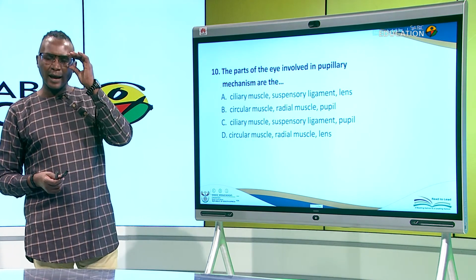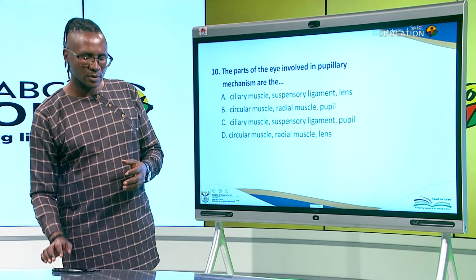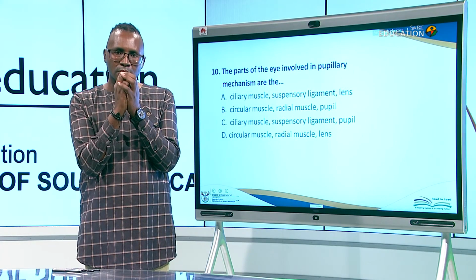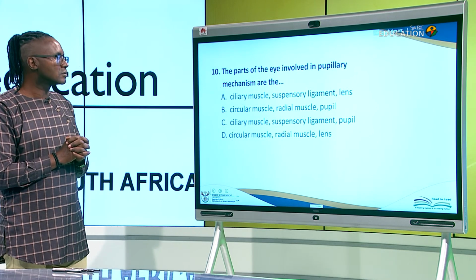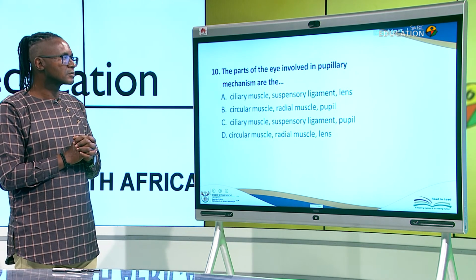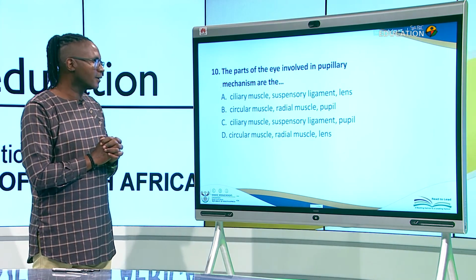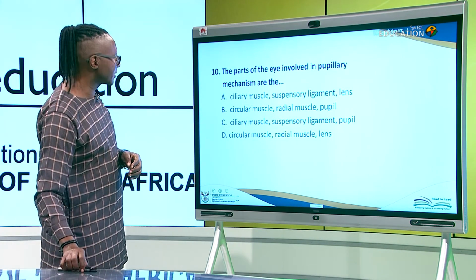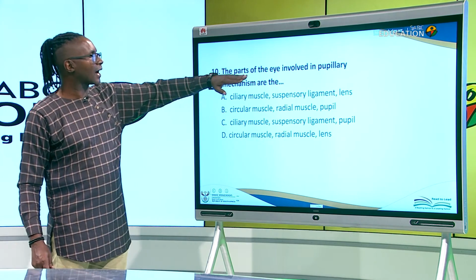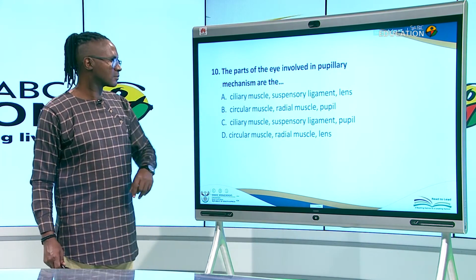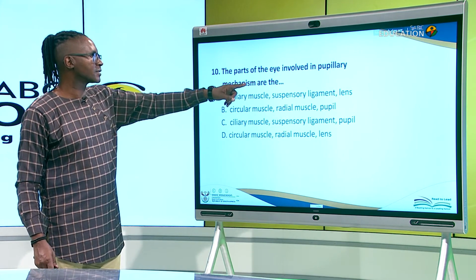The parts of the eye involved in pupillary mechanism. We've mentioned that one. That should be easy for you. The pupil, ciliary muscles, suspensory ligaments, the lens. The question says the parts of the eye involved in pupillary mechanisms.